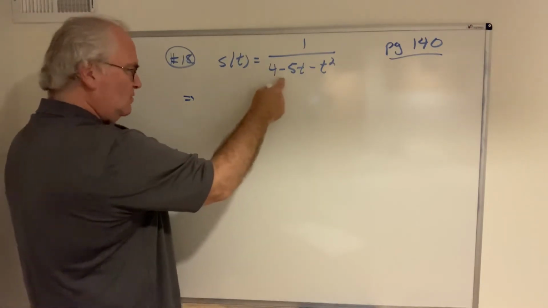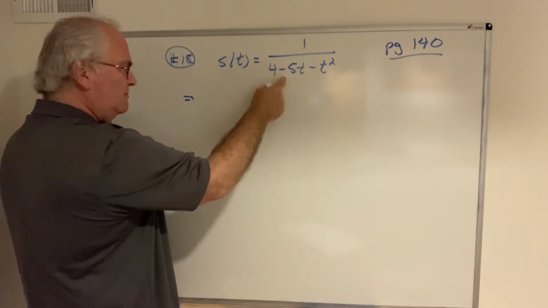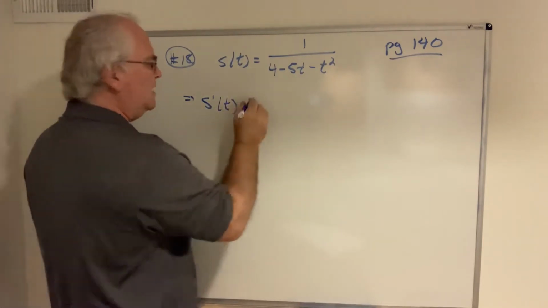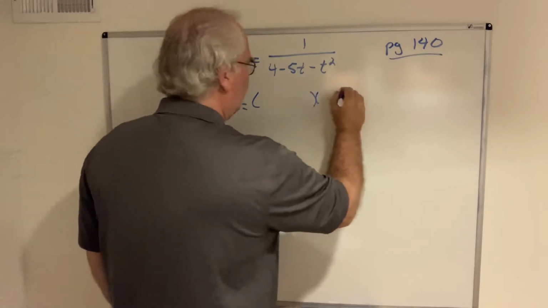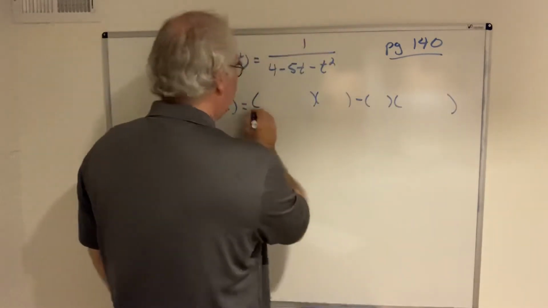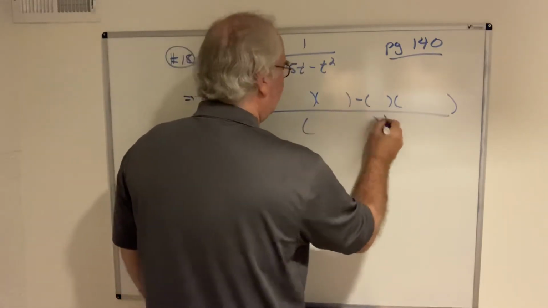One technique here is use the quotient rule. It's denominator times derivative of the numerator minus numerator times derivative of denominator all over denominator squared.